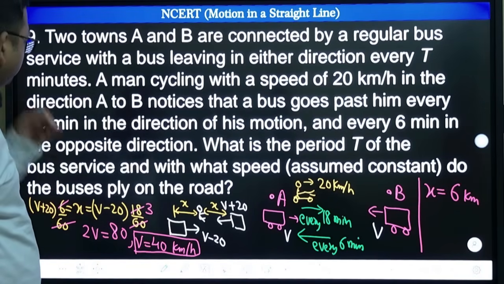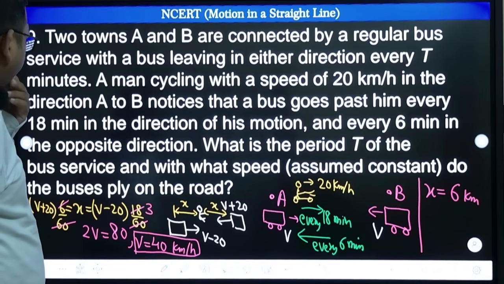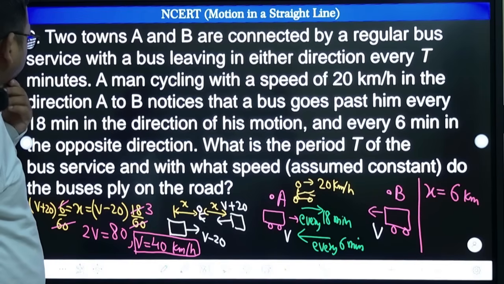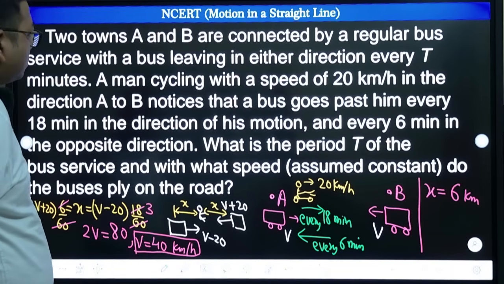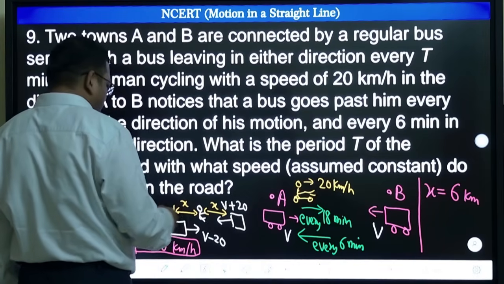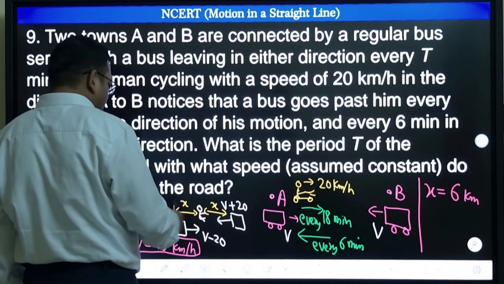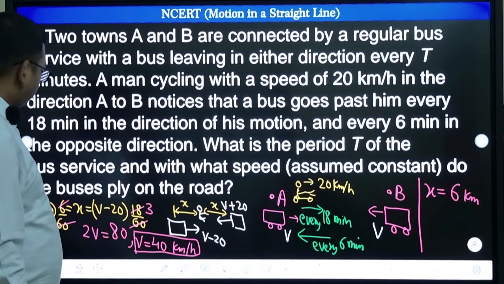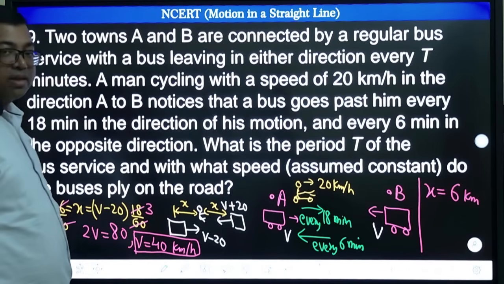So the distance x was being covered with this speed. Suppose this distance x was covered by this speed. How much was the speed with which it was covered? That distance x was actually covered by the bus only.